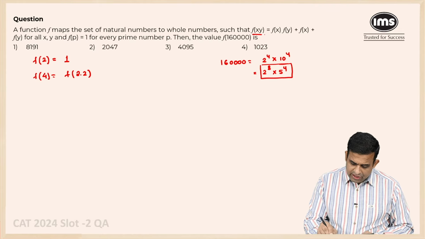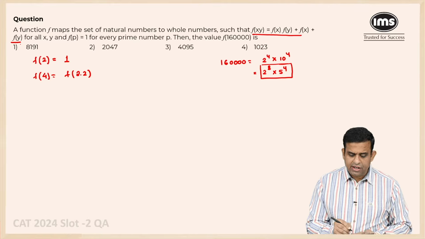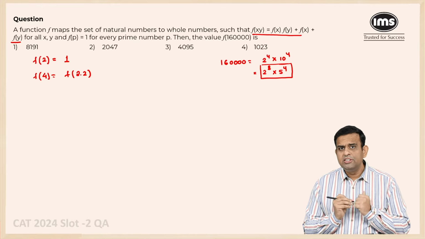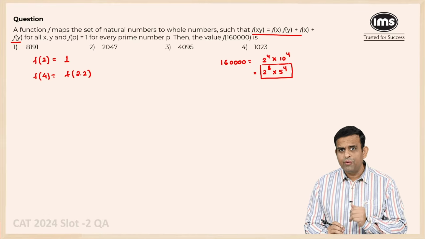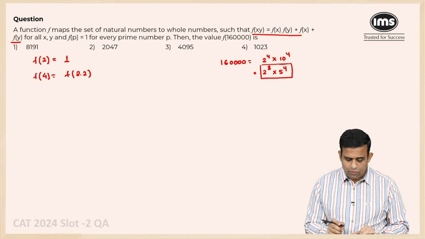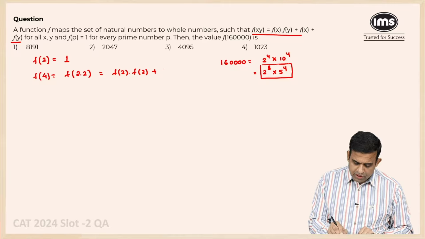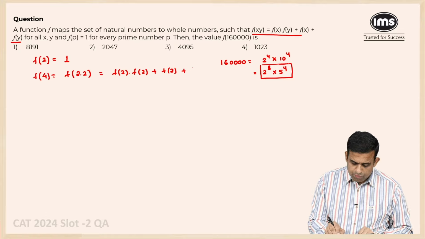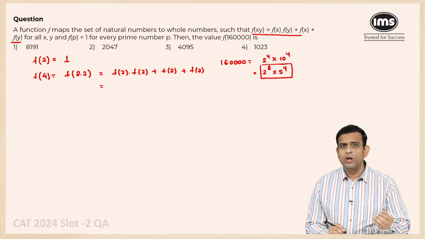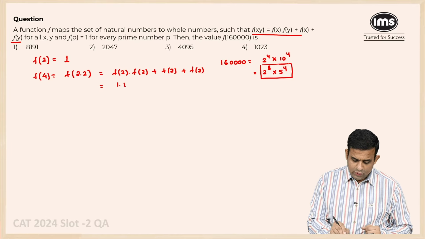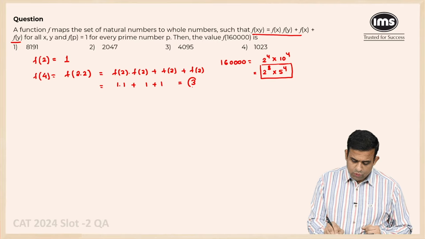Now we can take the help of the representation that f of x into y is equal to f of x into f of y plus f of x plus f of y. This will be equal to f of 2 into f of 2 plus f of 2 plus f of 2. If I put the value of f of 2 as 1, I get 1 into 1 plus 1 plus 1, and this becomes 3.